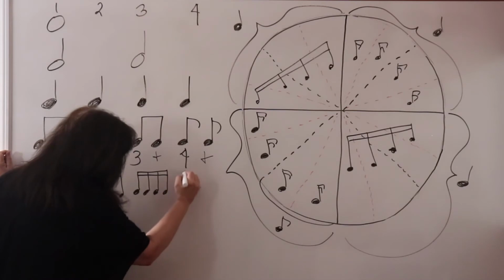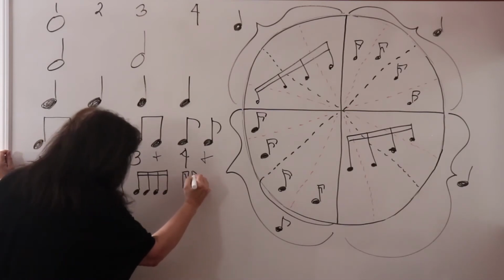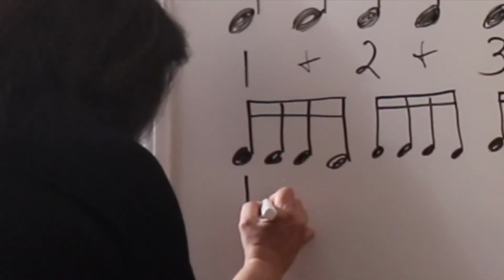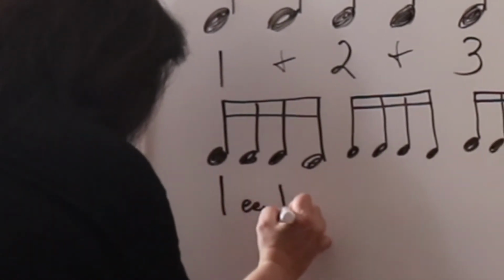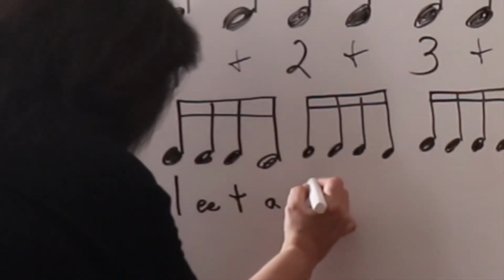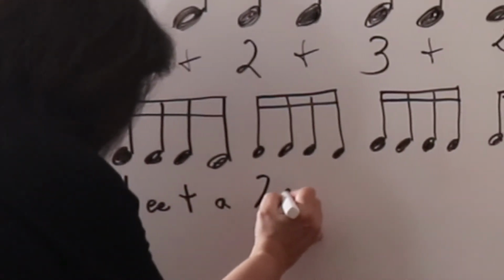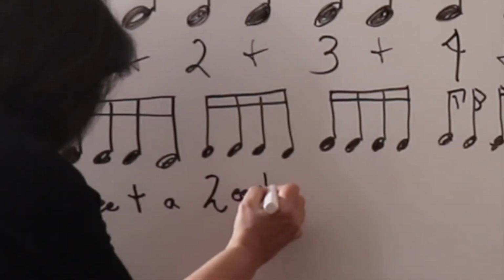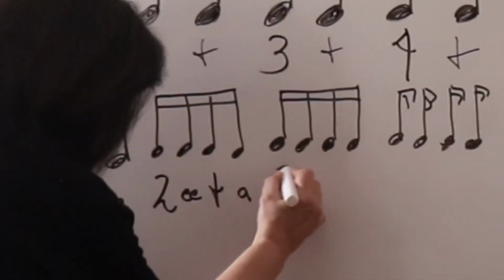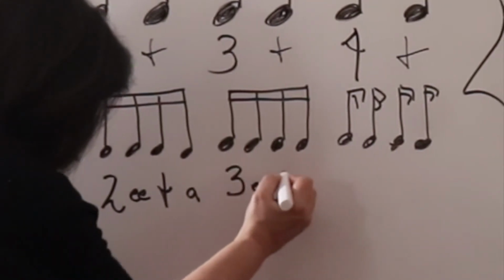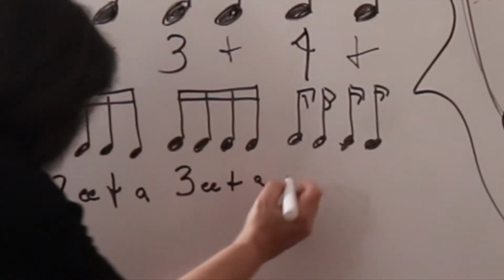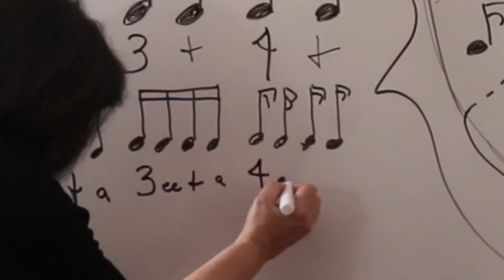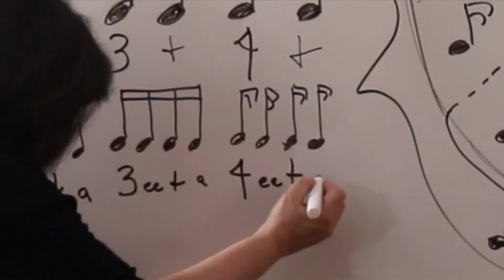And then here are flags. We count this 1 E and up, 2 E and up, 3 E and up, and then 4 E and up.